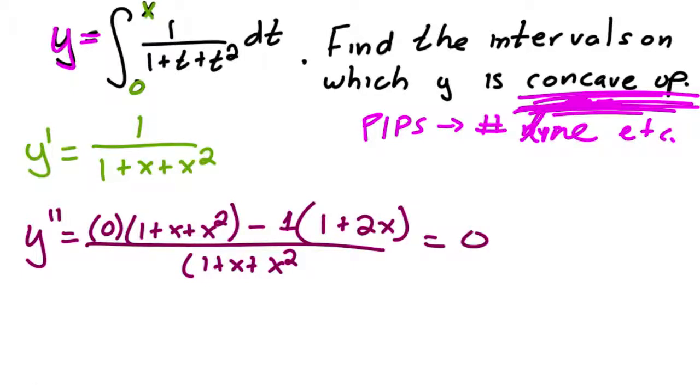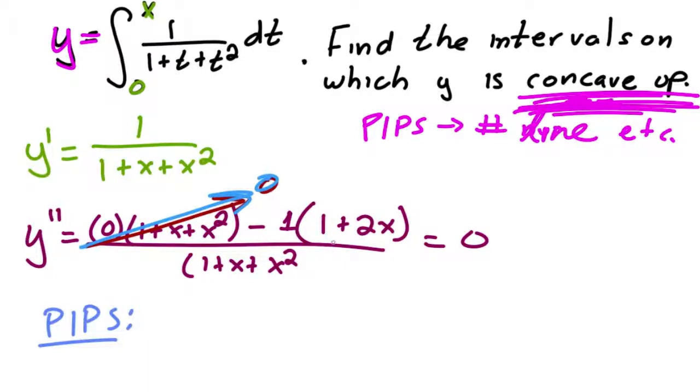Okay, and then I find my pips. This whole numerator part right there is equal to 0. And so then I have negative 1 minus 2x, right?